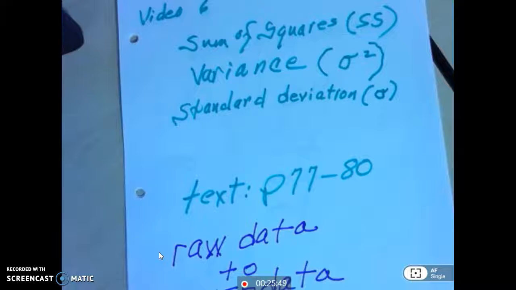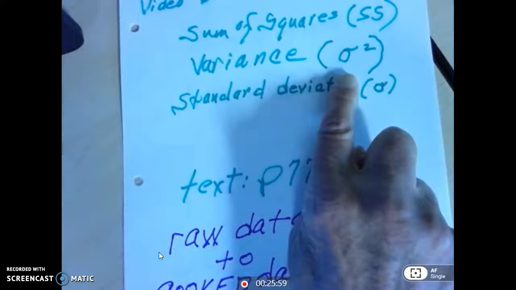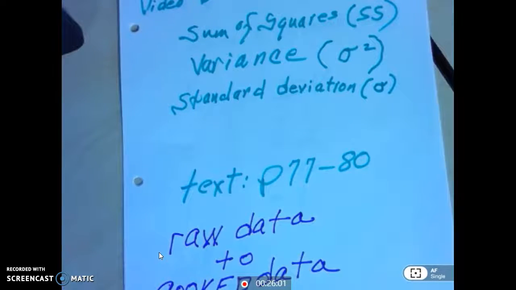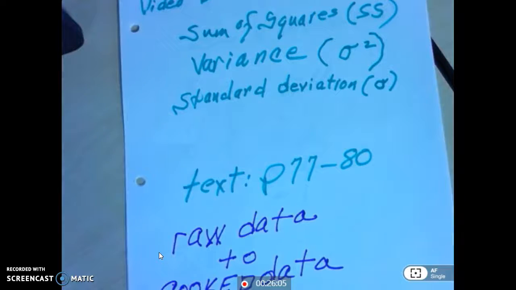But what we have today is the sum of the squares, which is designated SS, variance, sigma squared, down to standard deviation. And this is a sign that looks like a zero with a little tail on it.